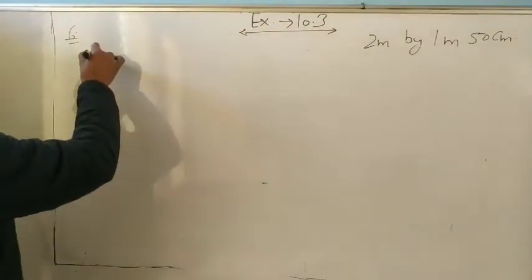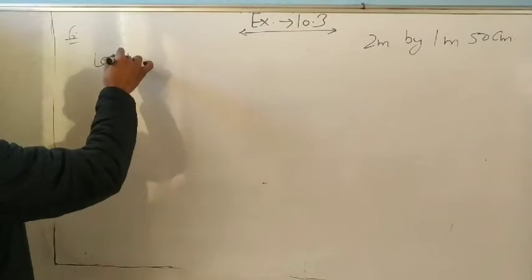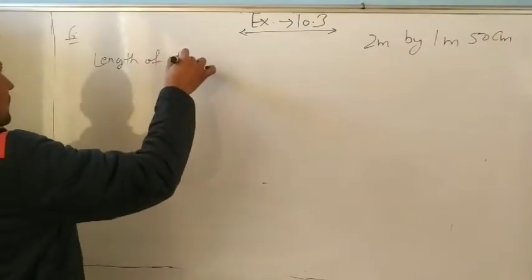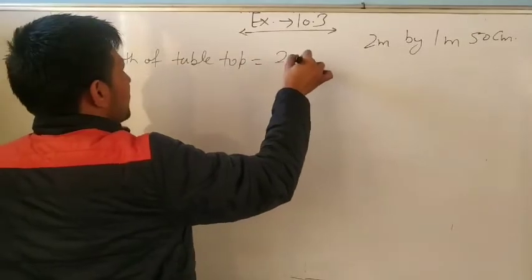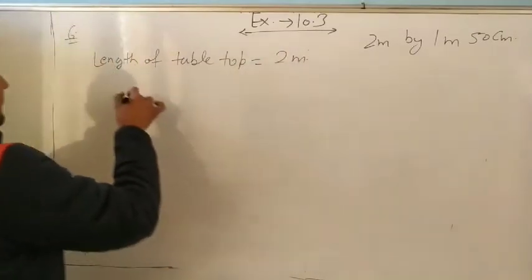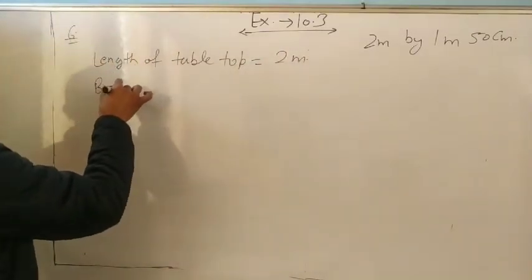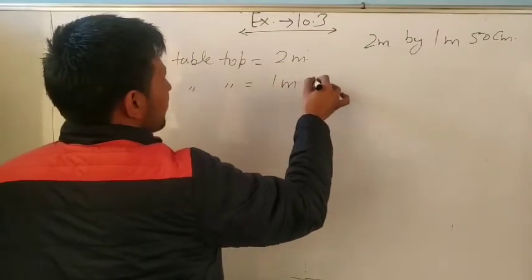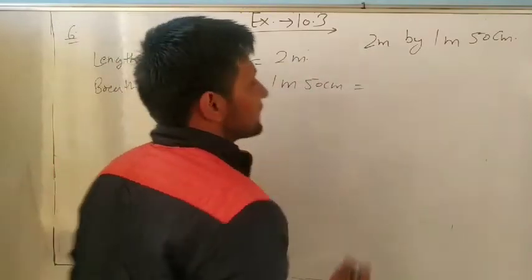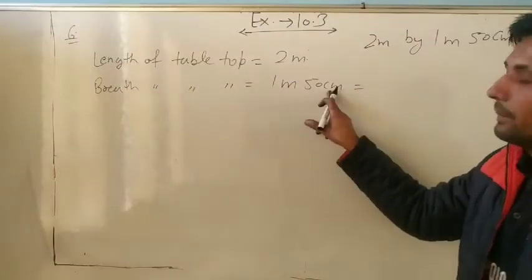So we will write: length of tabletop, how much? 2 meter. Same as it is. Breadth of tabletop, how much? 1 meter 50 centimeter. So we will change either both in meter or both in centimeter.